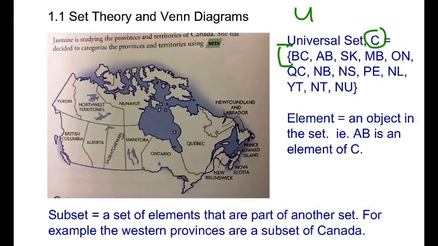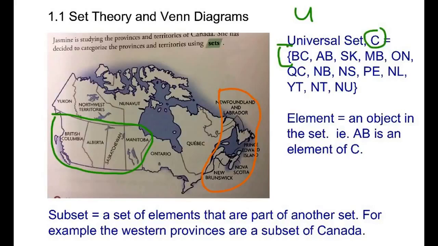And then a subset is just a smaller set that belongs to a bigger group. If our universal set's all of Canada, we could say the western provinces are a subset of Canada. Just our western provinces would be a subset. Or let's say we want to do the Maritimes, which would be the 4 East Coast provinces.